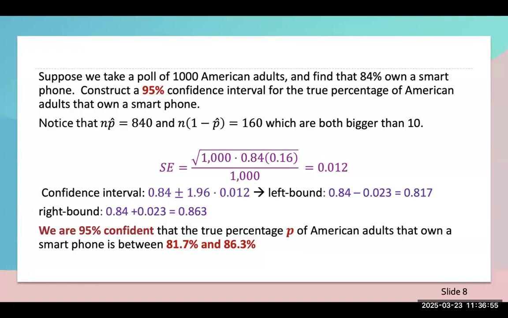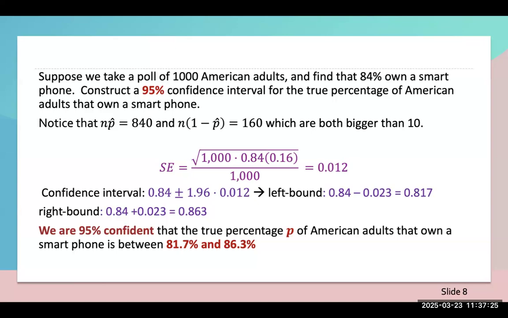So, for example, for this particular sample, I got 84% had a smartphone. In my next example, I could get 82%, or I might get 90% had a smartphone, because they're different samples. And for each one of these, I can construct a confidence interval just like I did here. And not all of them may have the true p.